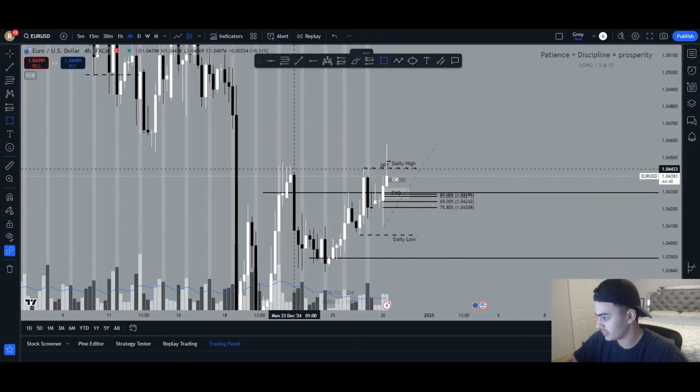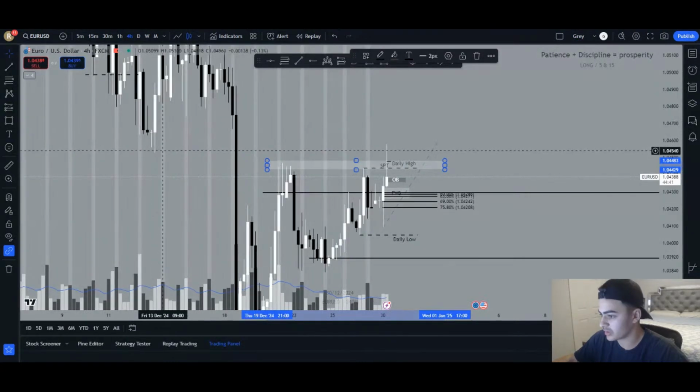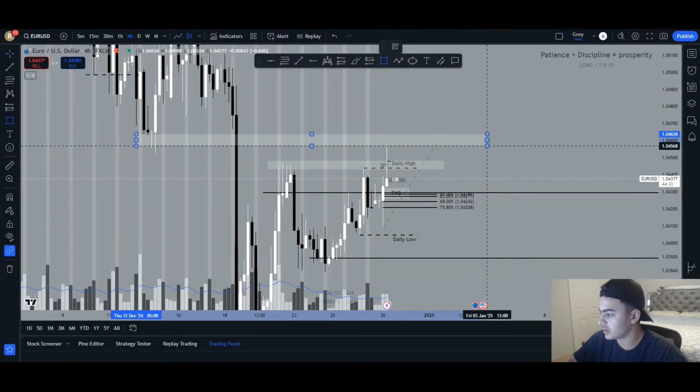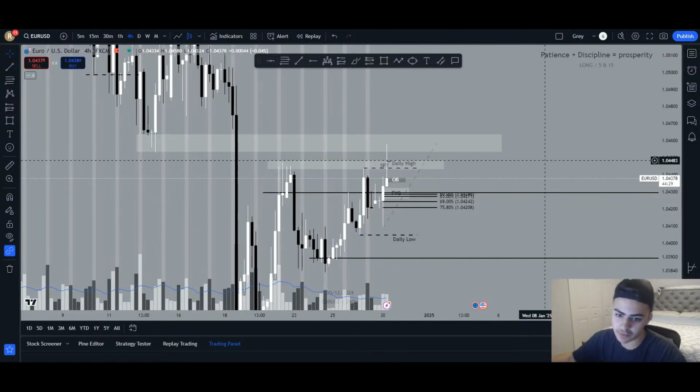This little area. Finally went up. Looks like it went down to this point. Where's my box? I gotta put this here. Looks like it went over here to grab this liquidity over here. That's how it looks.